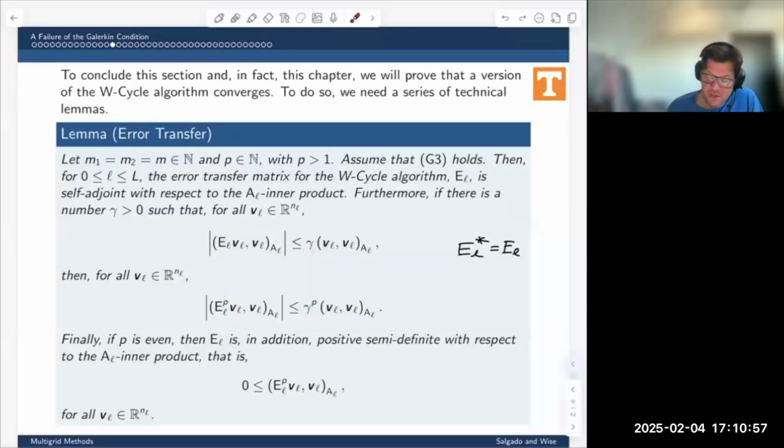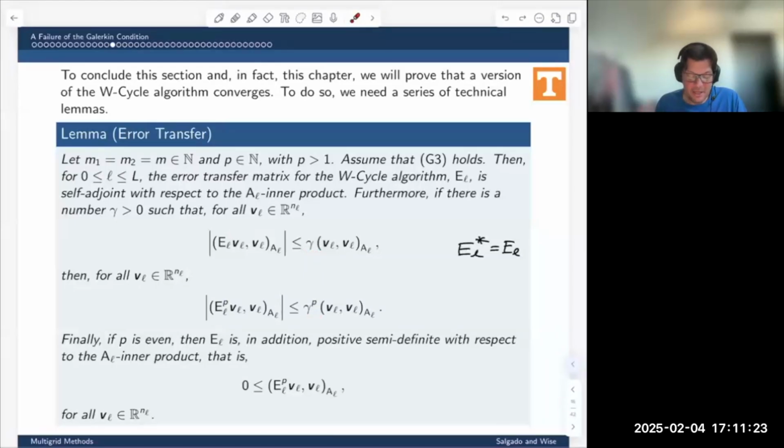That's a good thing because usually I'm going to make gamma small, and so gamma to the P is going to be a lot smaller. So that's saying if I do P applications of the error transfer matrix at level L, in other words, I do P iterations of whatever recursive algorithm I'm doing, if I could get gamma for one application, I can get gamma to the P, where gamma is small, for P applications.